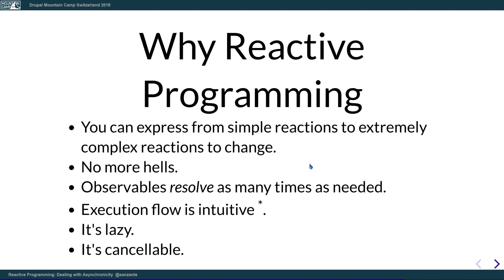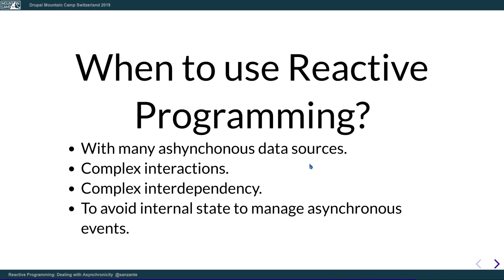At this point, some of you may think of the new JavaScript functionality called async functions and generators. I don't know if any of you know this. Do you know about generators? Well, it's a new functionality of JavaScript that allows, in some way, creating something similar to observables.